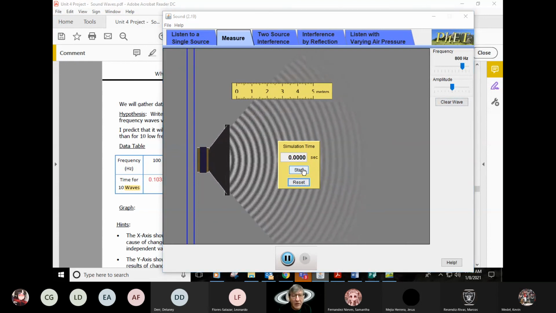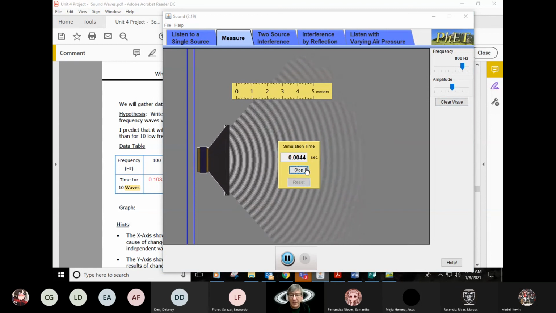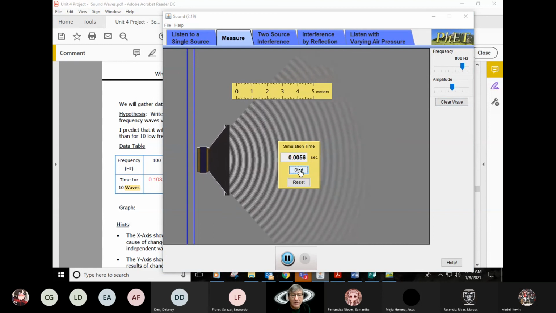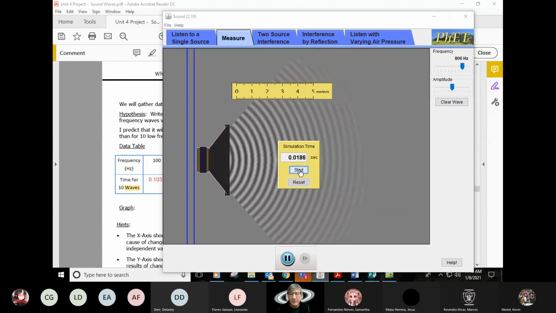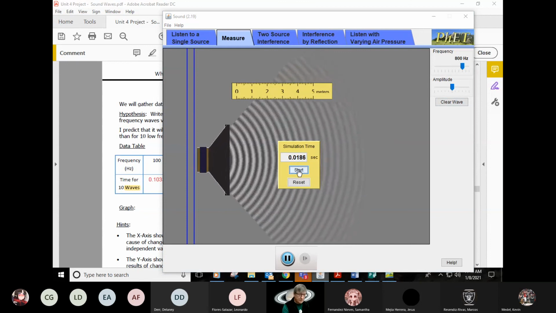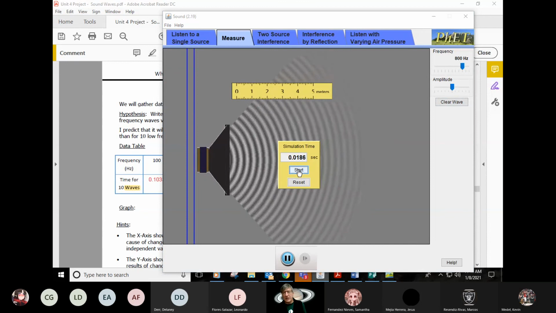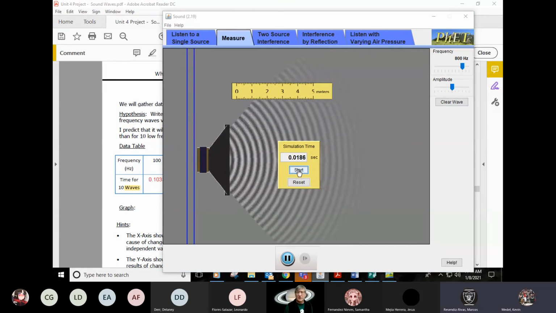And it's getting tricky now. 3, 2, 1, go. Oops, I don't think I did that very well. Start again. 3, 2, 1, go. 1, 2, 3, 4, 5, 6, 7, 8, 9, 10. 0.0186.